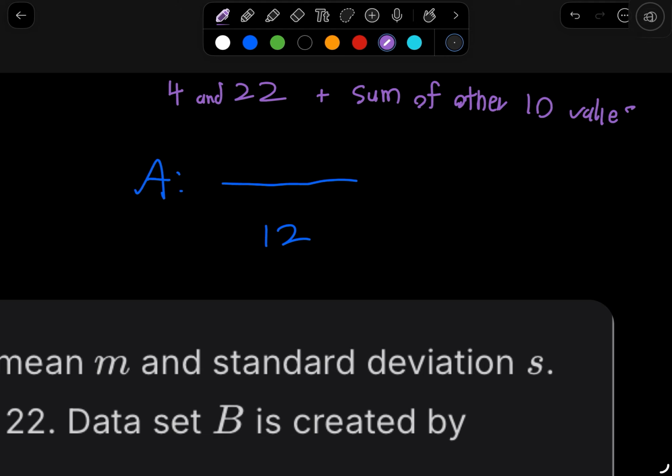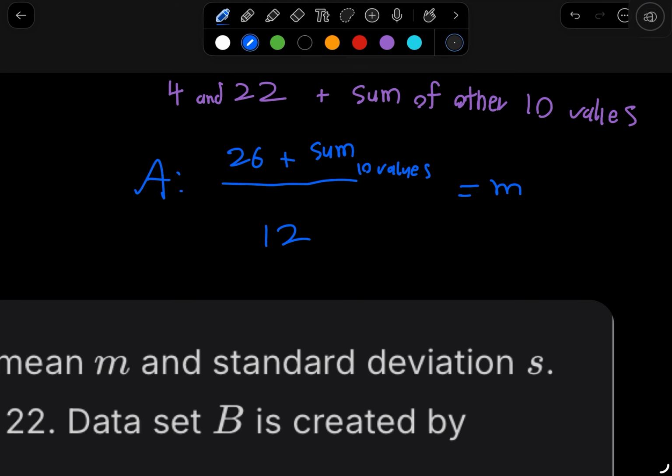Again, we don't know what those are because we don't know the values themselves. Together, this is going to make up the sum. So 4 and 22, if you add those two, you get 26. So you add 26 and, of course, the sum of these 10 values. So that's the mean of the first data set, data set A.